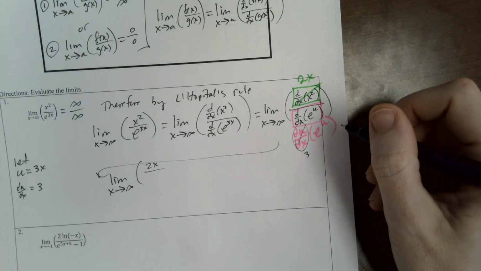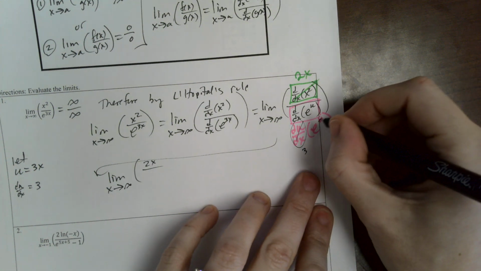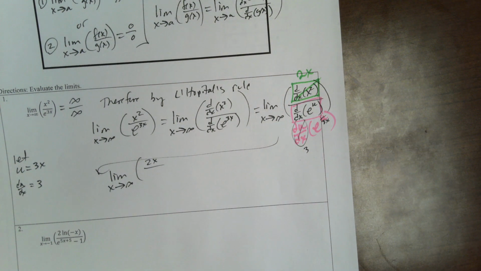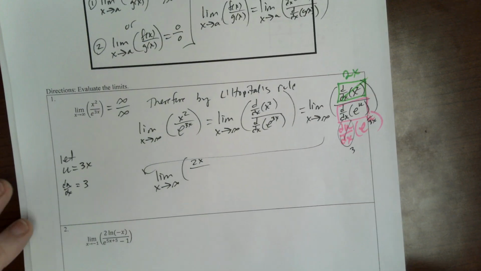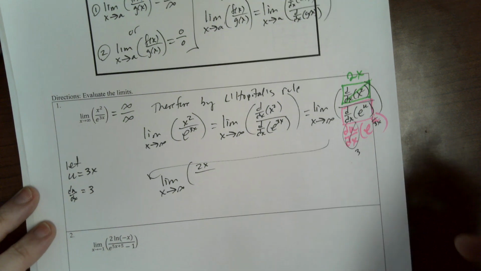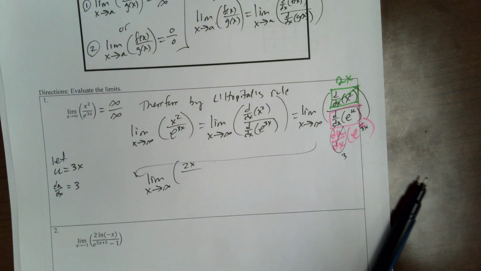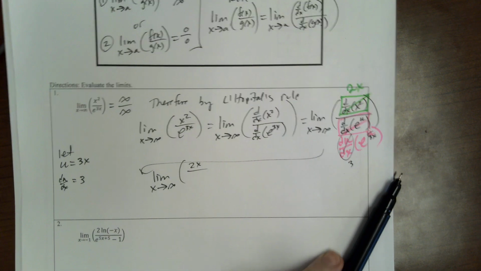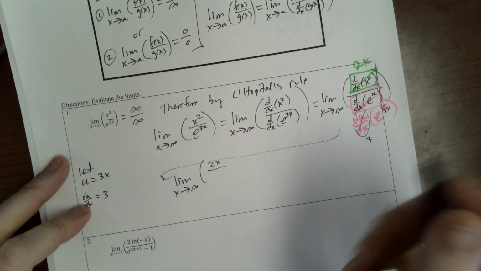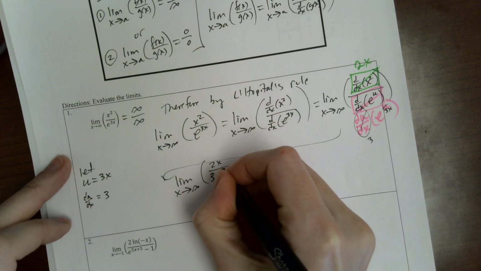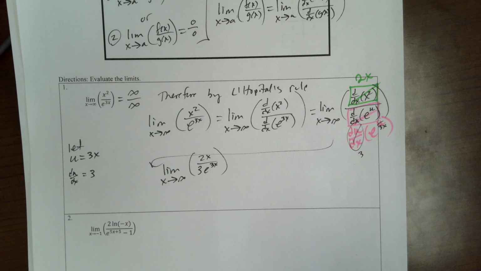And then e to the u is e to the 3x. Okay, that would go back in there. So in the bottom we have 3e to the 3x. Okay, and then guys, you try it again.